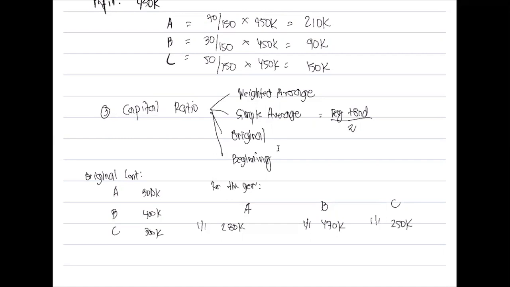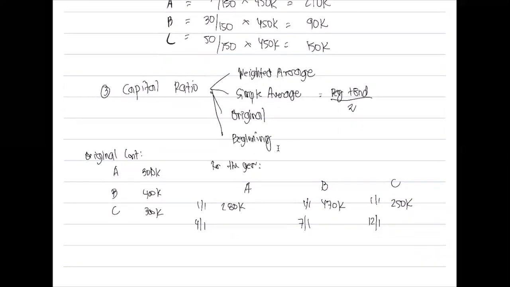Tapos, we have here your different investments. So let's say nag-invest siya no April 1. Ito naman is no July 1. Tapos ito December 1. Okay. So nung April 1, nagdagdag si A ng 40,000. Si B naman nagdagdag ng 80,000.